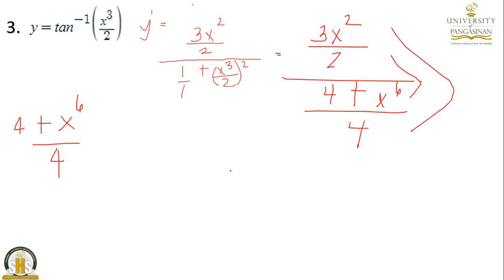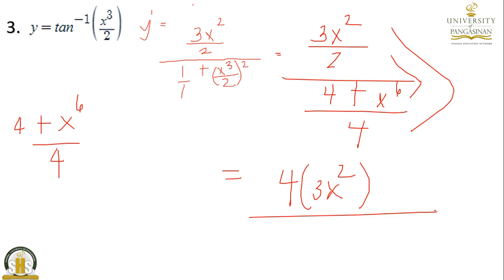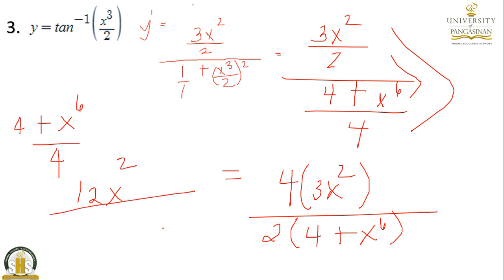Inside, inside, outside, outside. Magiging 3x squared. Tapos, meron tayong 2 times 4 plus x to the 6 power. Magiging 12x squared.